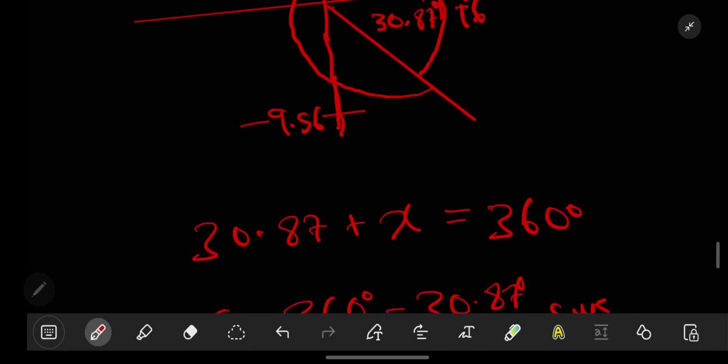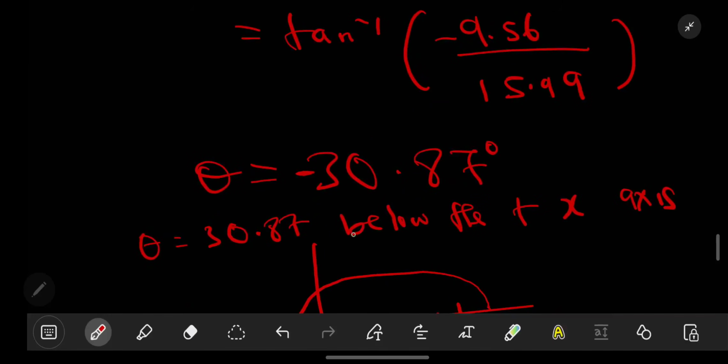Or you can just leave it like this, 30.87 below the positive x-axis.